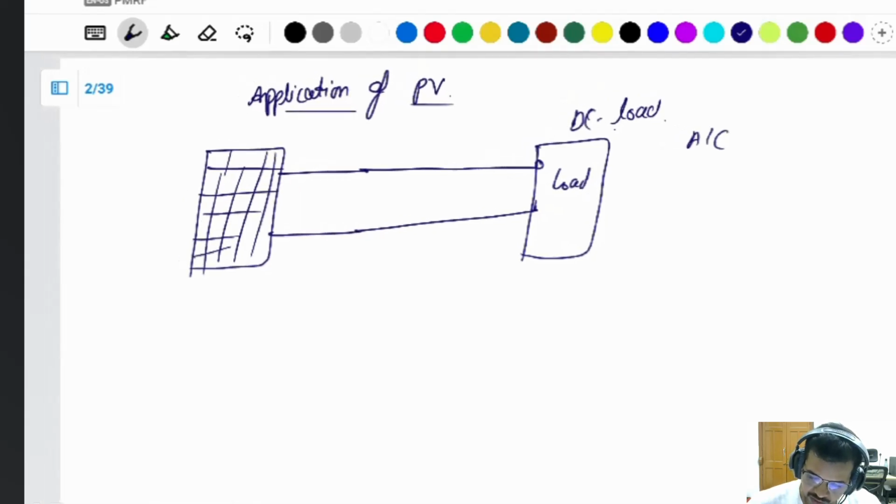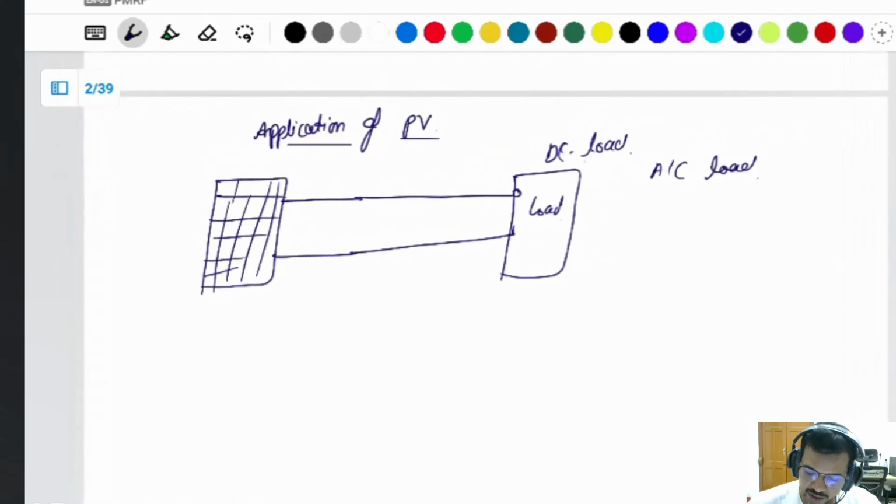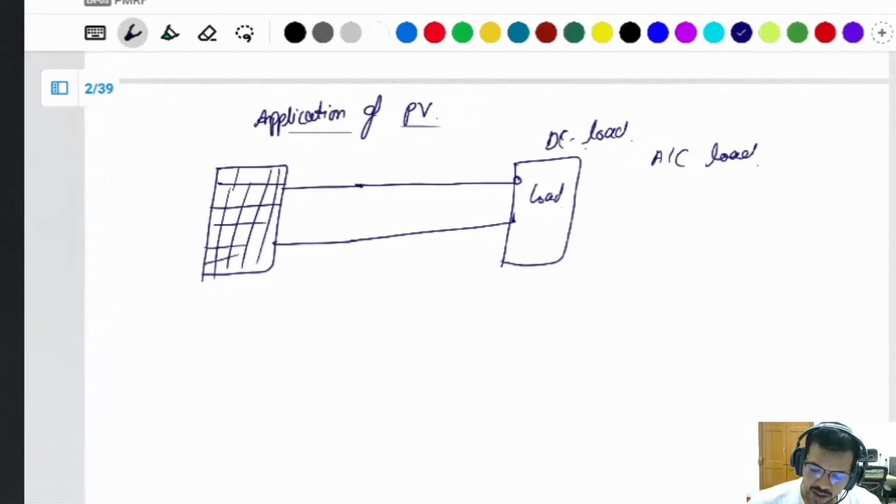For the AC load, you have to convert the DC voltage to AC by an inverter. Another problem is DC voltage fluctuation because of the PV panel, as the sun insolation changes from morning to evening.